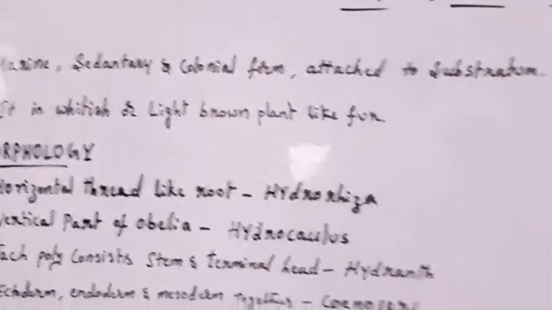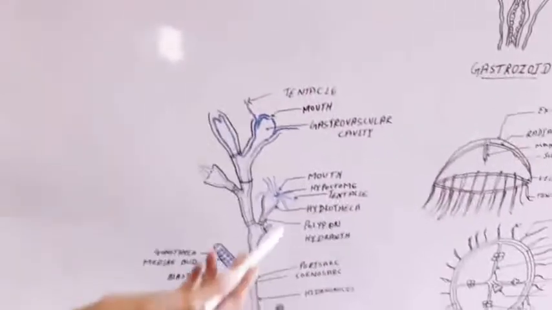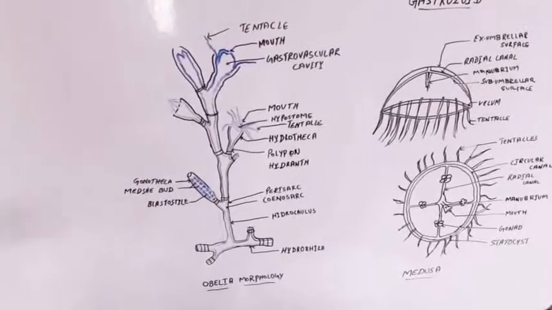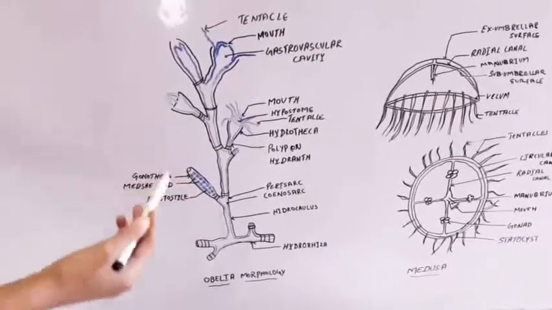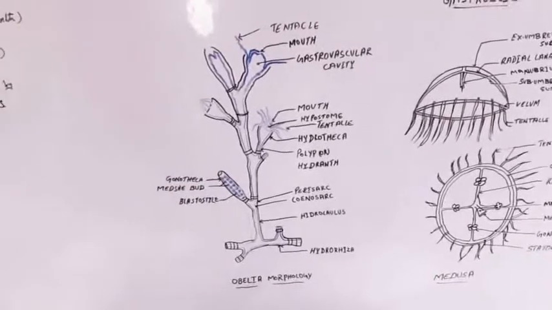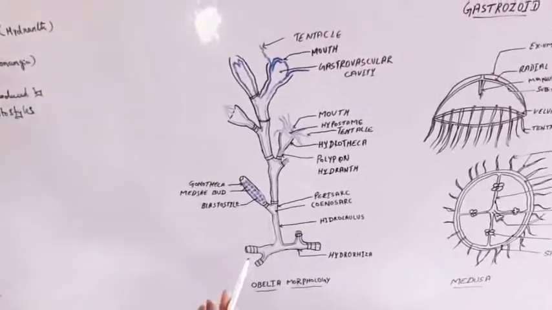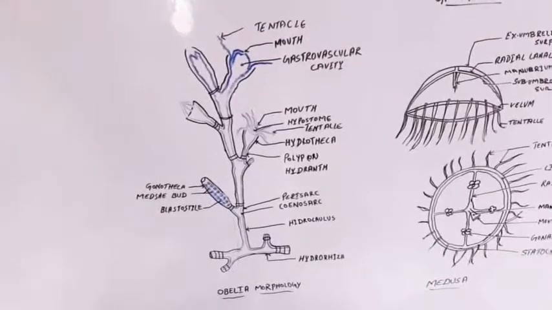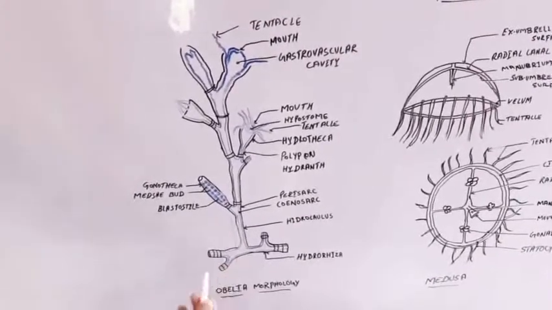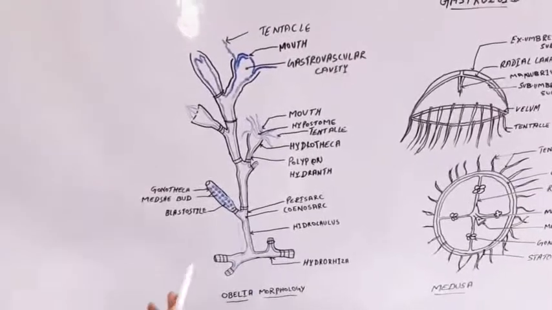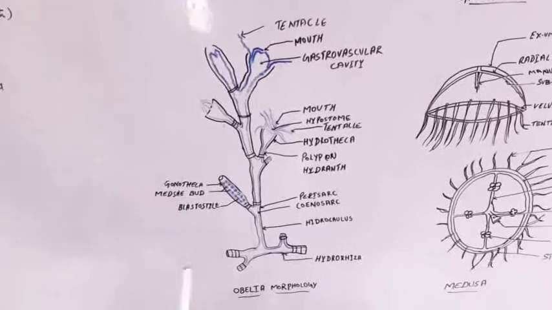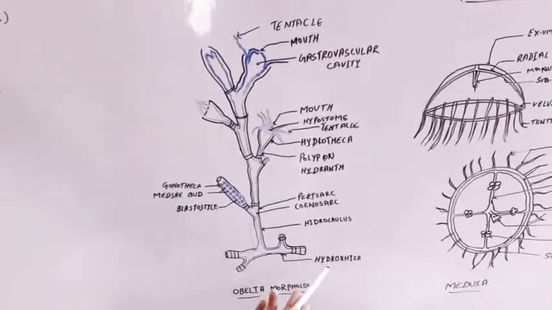You can see here, this is the colony of Obelia. Each colony of Obelia consists of a horizontal thread and root like structure. This horizontal thread, root like structure is called a hydrorhiza.